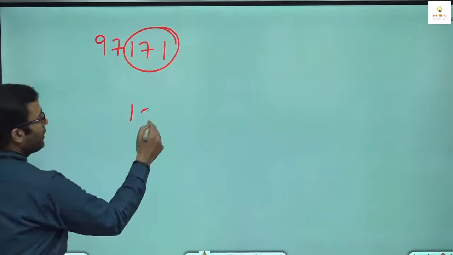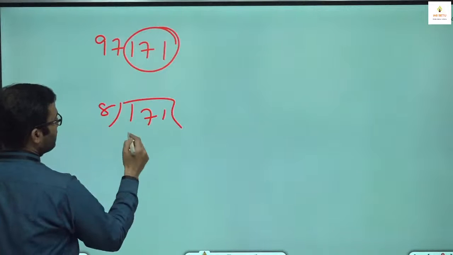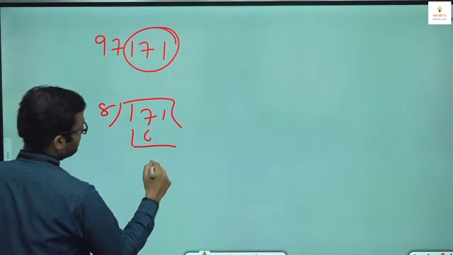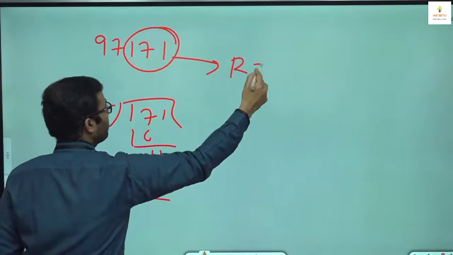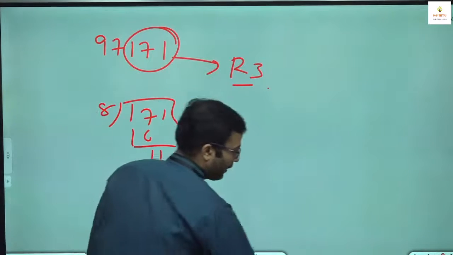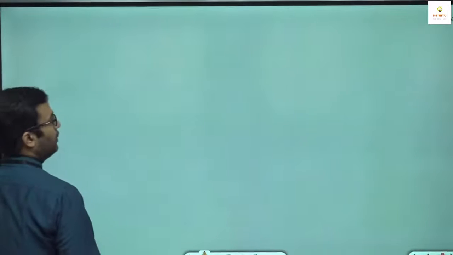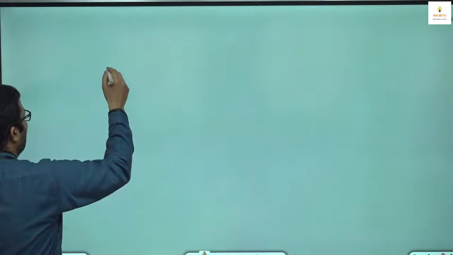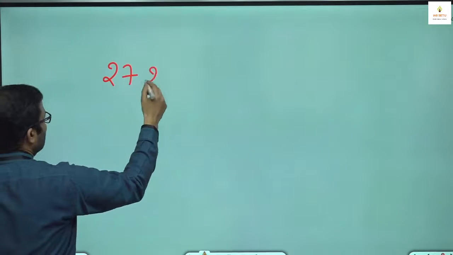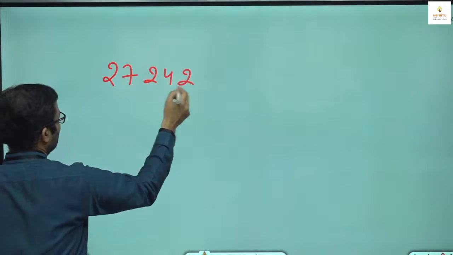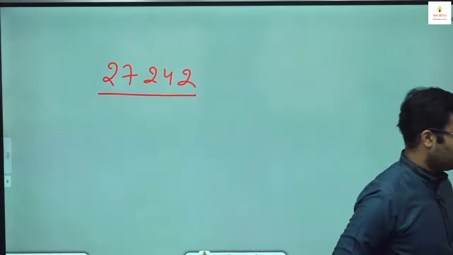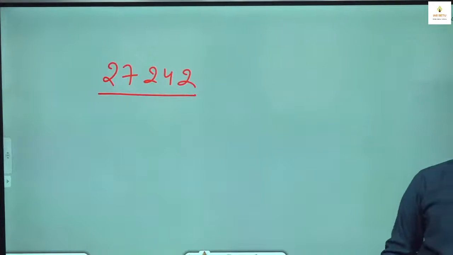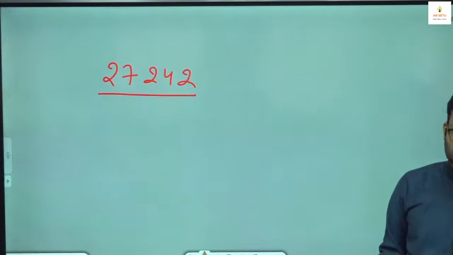Here we try to divide by 8. So here this is 16, 11, 8, remainder is 3. So this complete number gives you remainder 3. Now 27,242. Check if it is divisible by 8, yes or no? No. Then what is the remainder?